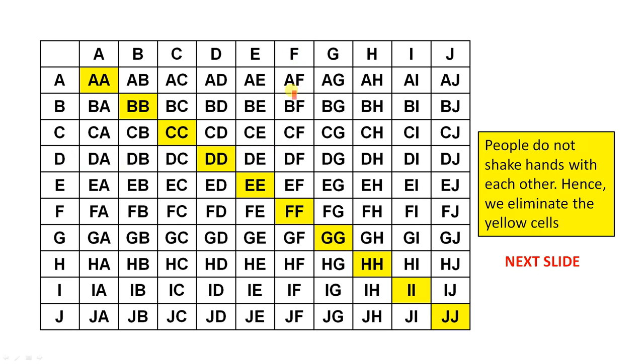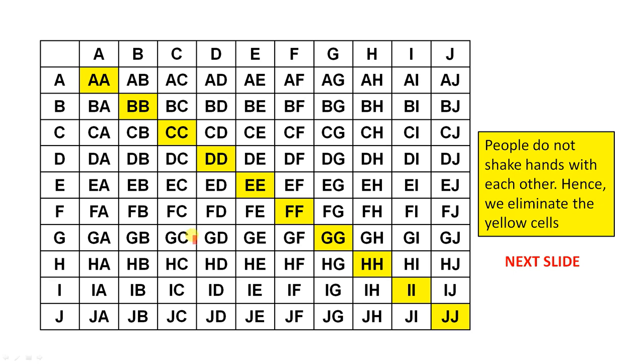So the first thing we do is we draw this grid and we write down all the letters in pairs, because each letter represents one person and that letter also represents a person, and that is a handshake. E shakes hands with H. That's what that represents. Over here, G shakes hands with C.